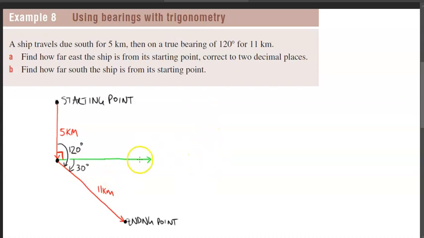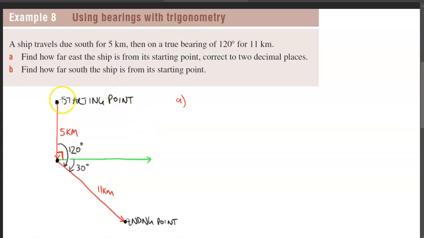We might extend on this a little bit more, but we've got a starting point, down south 5 kilometers, 120 degrees, and then another 11 kilometers from that 120 degrees true bearing. So we're going to find how far east the ship is from its starting point, corrected to 2 decimal places.